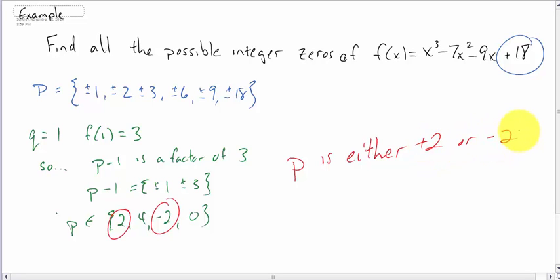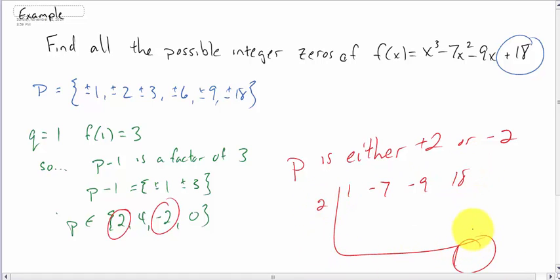One way to figure it out now is we could do synthetic division. We could do it with positive 2: 1, negative 7, negative 9, 18, go 2, and look at what we get for the remainder. If 0 is the remainder, cool, positive 2 is a zero of that polynomial. Then we check the negative 2.